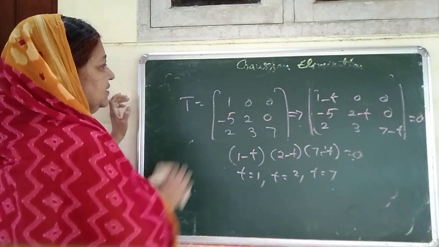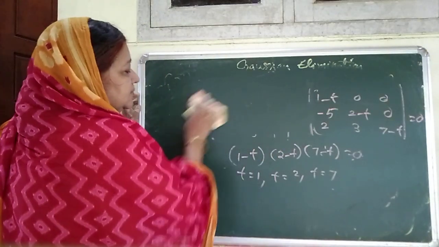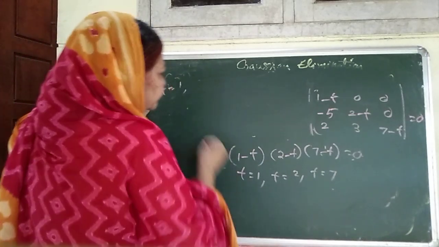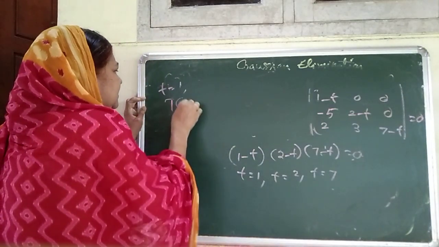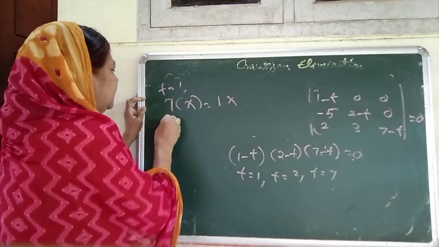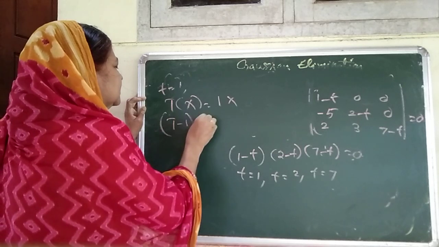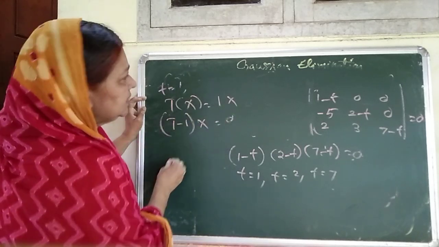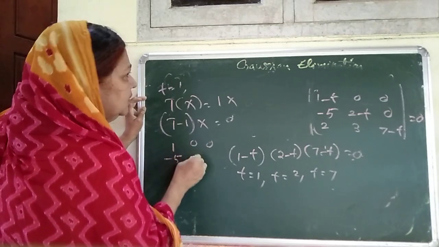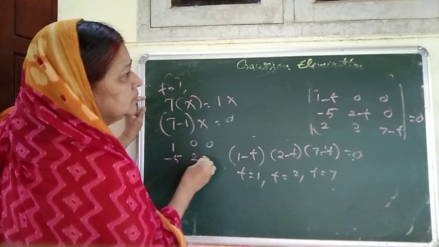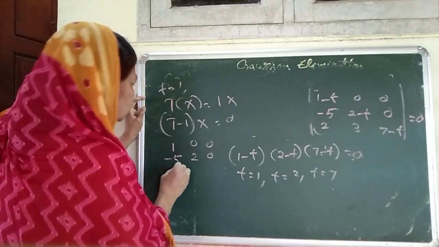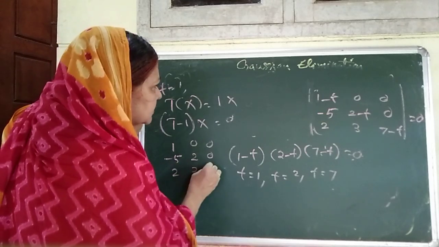First, we find the characteristic vector corresponding to t equal to 1. That is, T of x equals lambda times x, that is, T minus 1 of x equal to 0. T is [1, 0, 0; -5, 2, 0; 2, 3, 7].